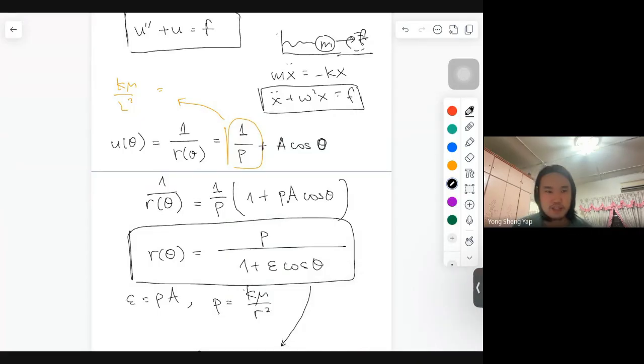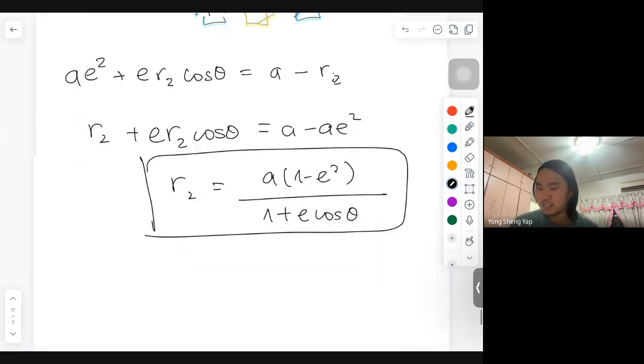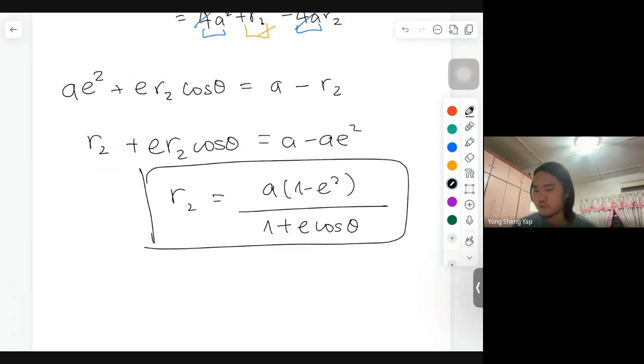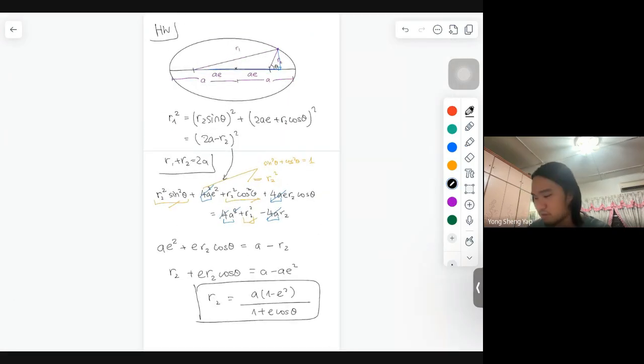So remember that we got this equation over here by just solving the equation of motion and looking at what the curve drawn by the reduced mass is: r equals p divided by 1 plus epsilon cosine of theta. It is the same thing here in terms of geometry, where I just derived the equation of an ellipse, that r2 equals a times 1 minus e squared divided by 1 plus e cosine of theta.